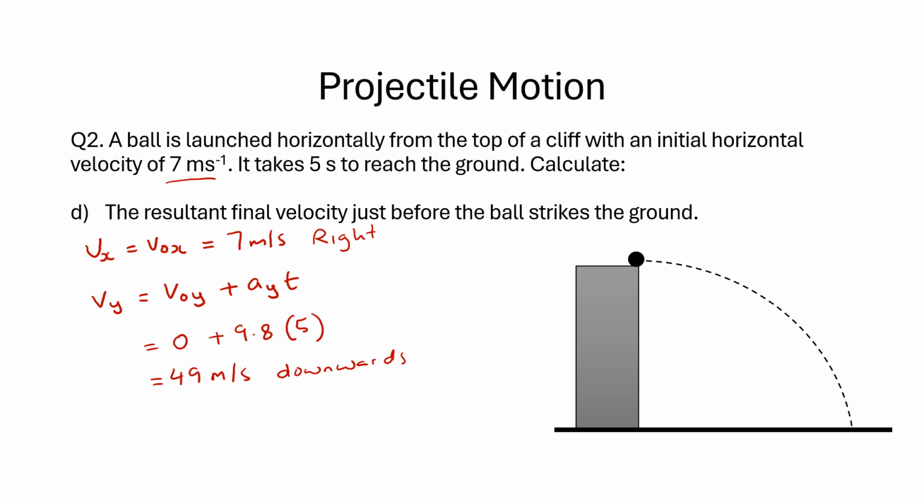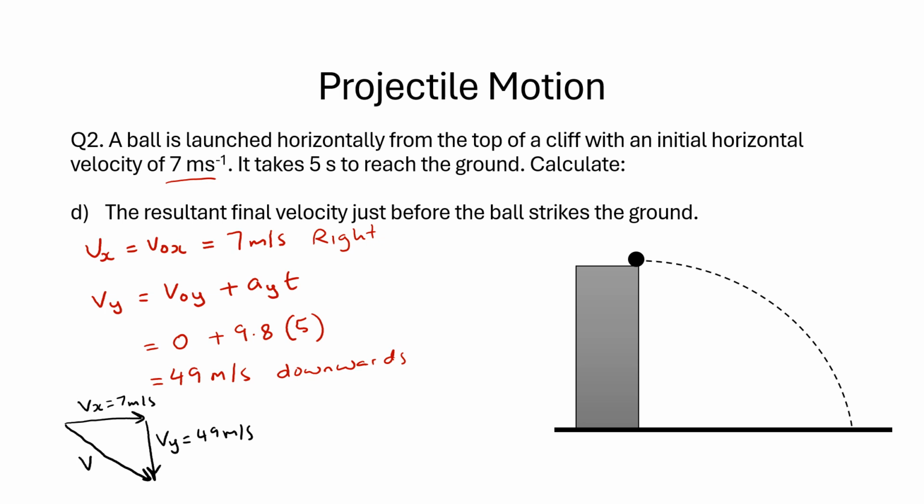And now we can draw a vector diagram to find the resultant final velocity. So Vx is 7 meters per second to the right, and Vy is 49 meters per second downwards. The resultant final velocity would be from the start to the end. This is the resultant velocity.